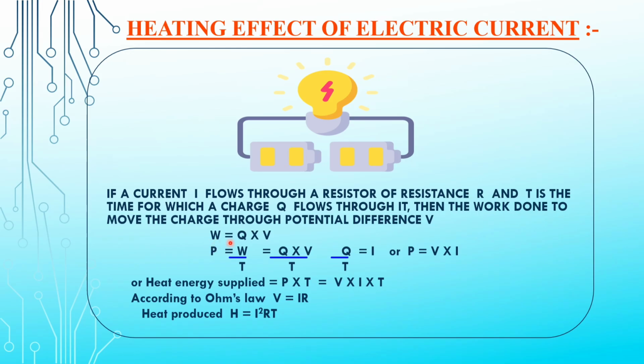So P is equal to W by T, which is Q into V by T, so P is given as V into I. According to Ohm's law, we already know that V is equal to I into R. So the heat produced H is given as I square into R into T.